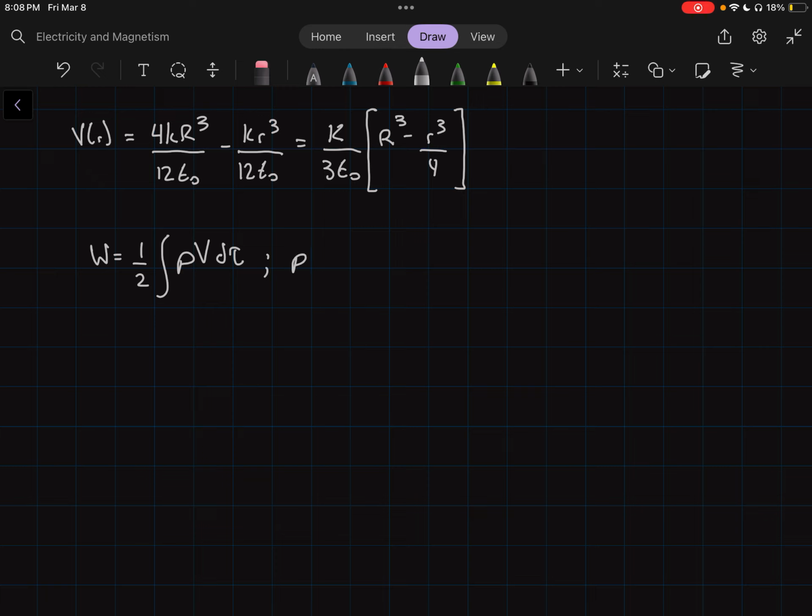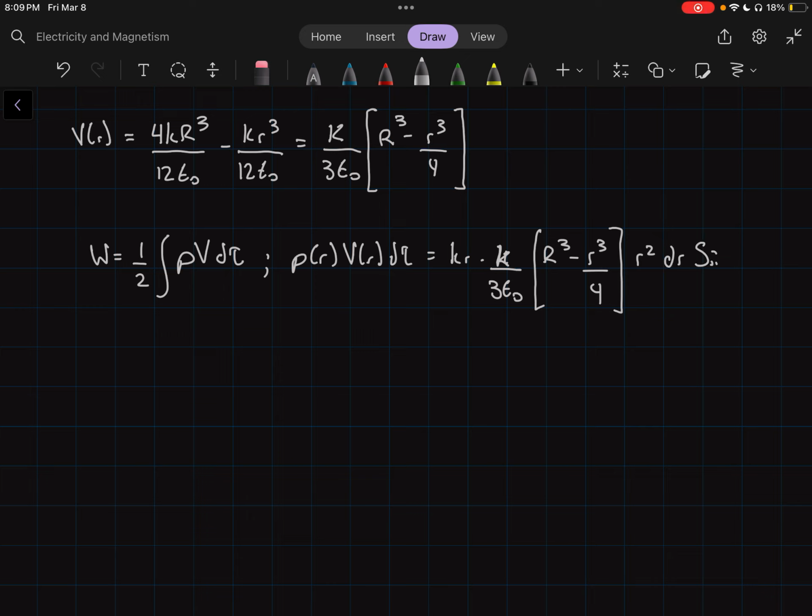And this quantity is equal to kr, which is the charge density, times k over 3 epsilon naught times R cubed minus little r cubed over 4 times r squared sine theta, actually, r squared dr sine theta d theta d phi.